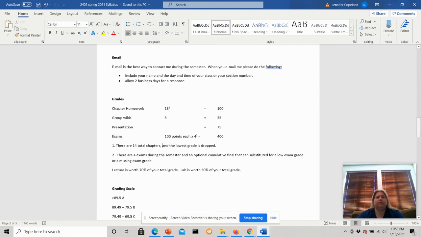Email. This is the best way to contact me throughout the semester. And when you email me, if you could just give me your section number and tell me in the email if you're emailing me about lecture or lab. Allow 2 business days for a response.